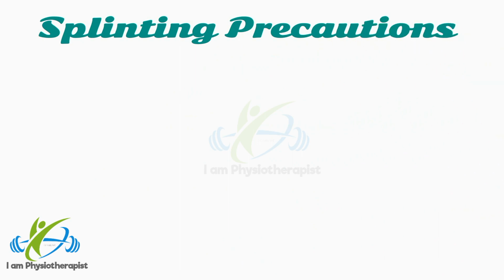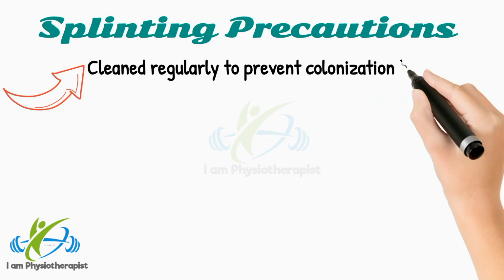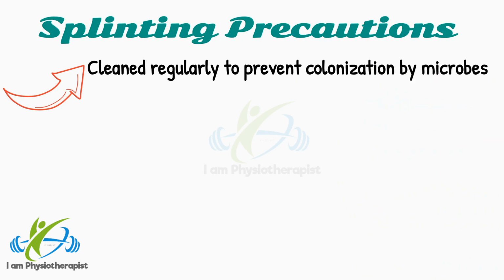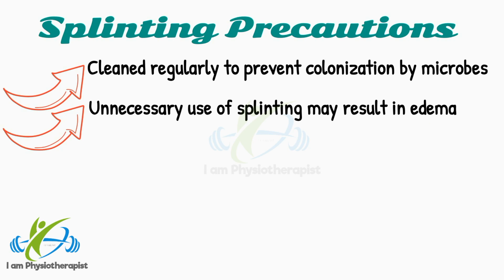Splinting precautions. Splints need to be cleaned regularly to prevent colonization by microbes, which may lead to wound infection. Unnecessary use of splinting may cause venous and lymphatic stasis, which may result in increase in edema.